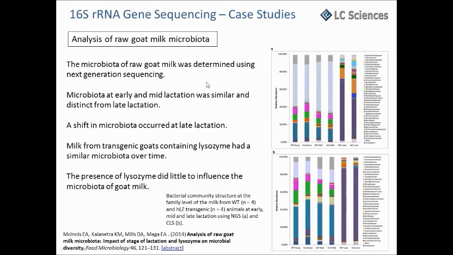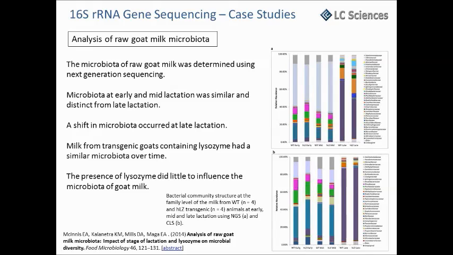In this one, the authors want to take a look at the analysis of the raw goat milk microbiota. They have two kinds of milk: one is the wild type, another is from transgenic goats, which naturally express the lysozyme inside the milk.